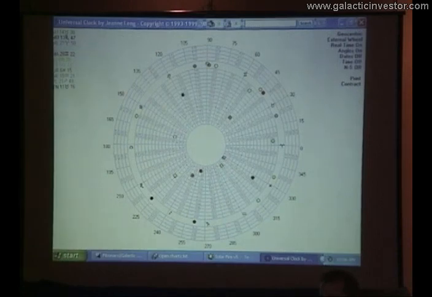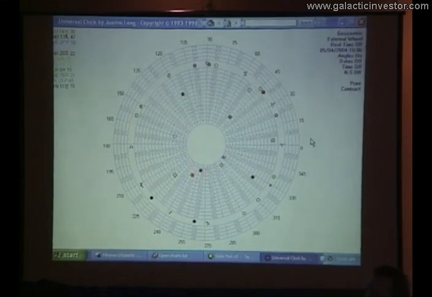But getting to the universal clock, the numbers aren't showing up, they're kind of faint here. But anyhow, they're multiples of 24, and you'll see planets around here. This is a very, very effective timing tool. When planets come together on this wheel, it can bring reversals, and those are days you can look for.